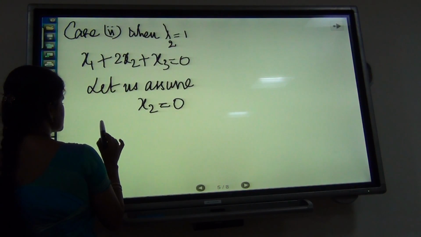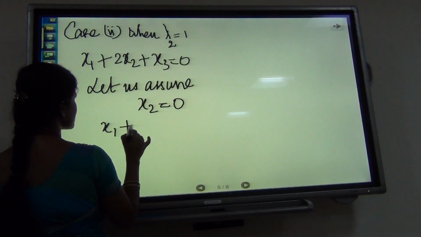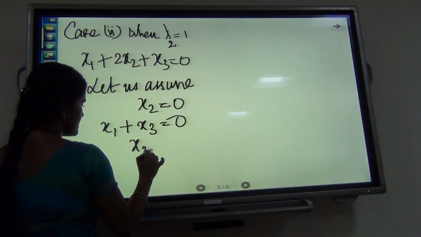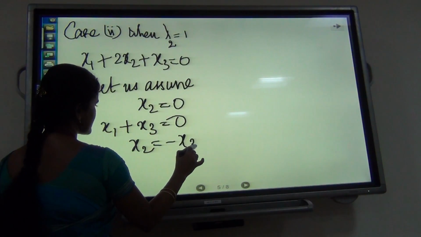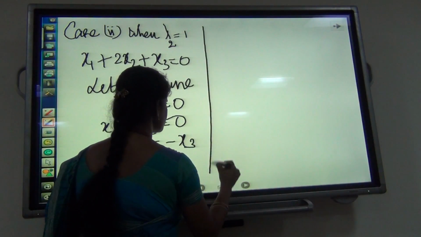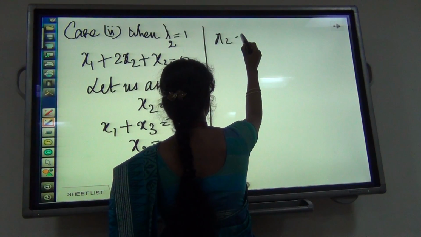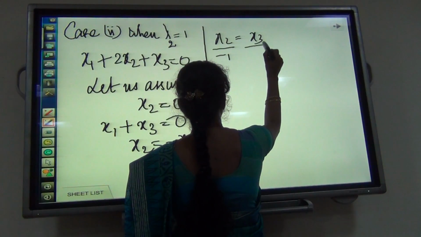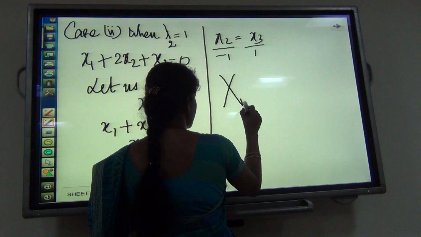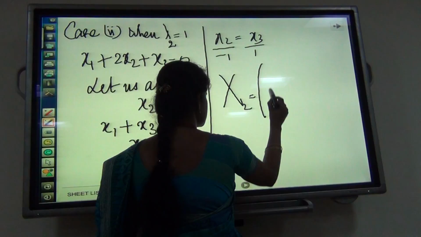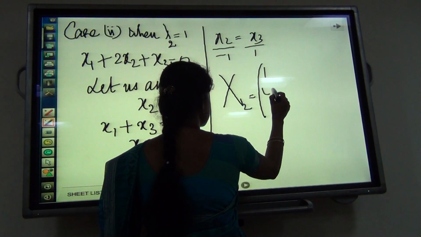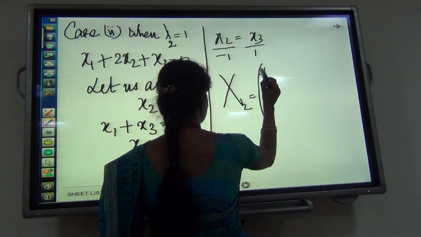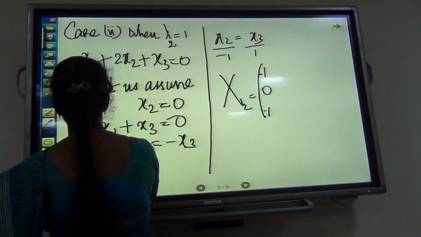As we take x2 as 0, this equation will be reduced into x1 plus x3 is equal to 0. Now equating, x1 will be equal to minus x3, or x1 by minus 1, x3 by 1. So your capital X2, you can very well write as 1, 0, 1. Maybe this minus 1 or this minus 1, but both we cannot give as minus.